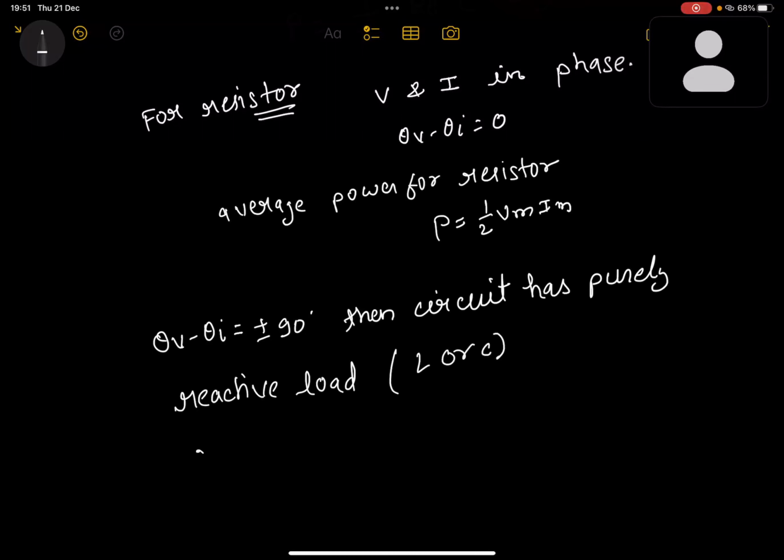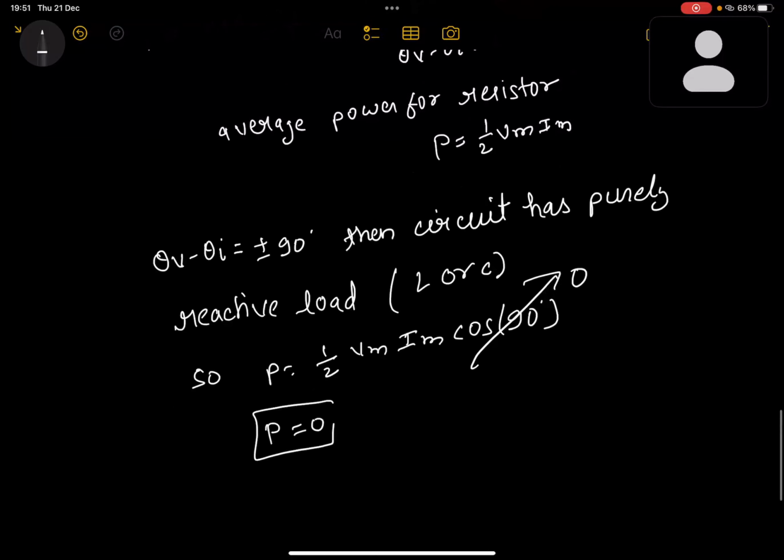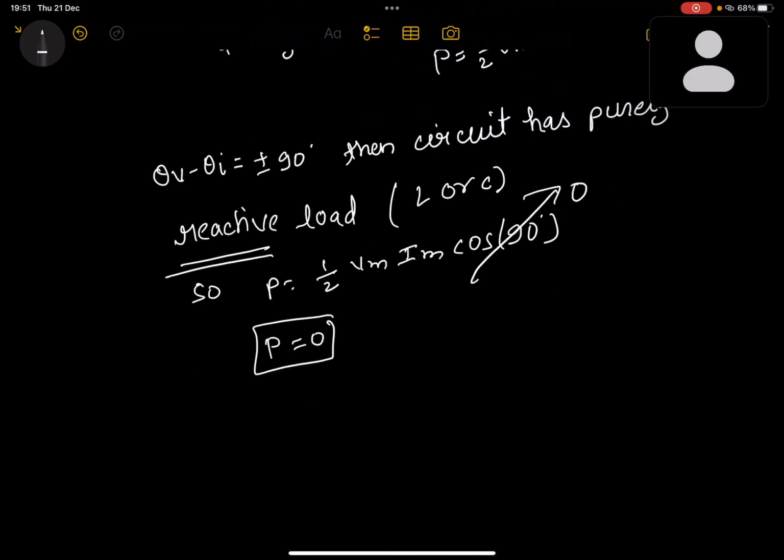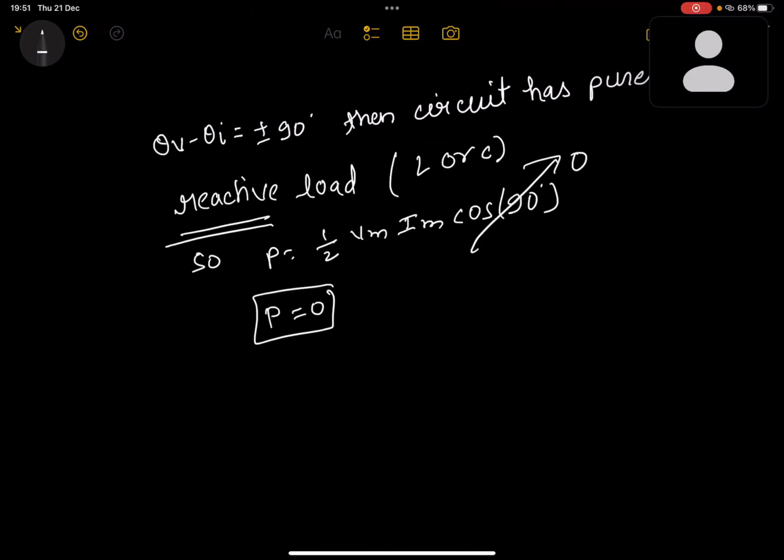So power equals 1 by 2 Vm Im cos 90 degrees, that is 0. So P equals 0 for a reactive load. Means a reactive load has no average power. This is your concept.